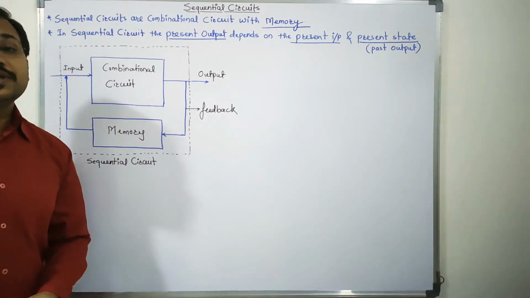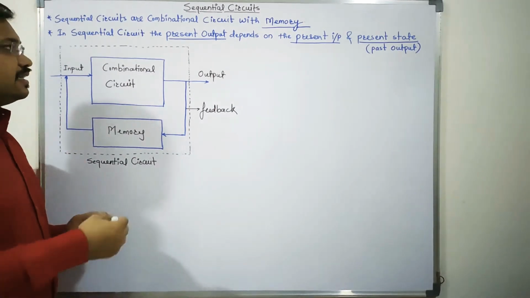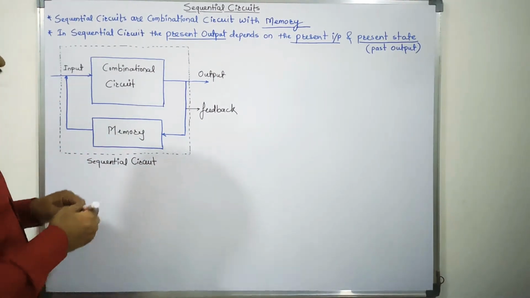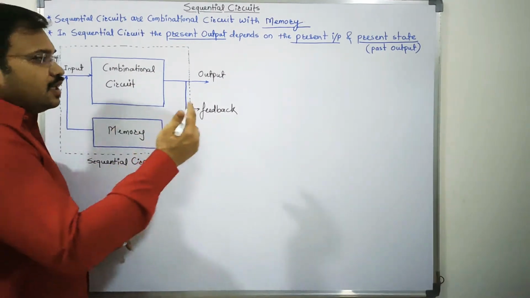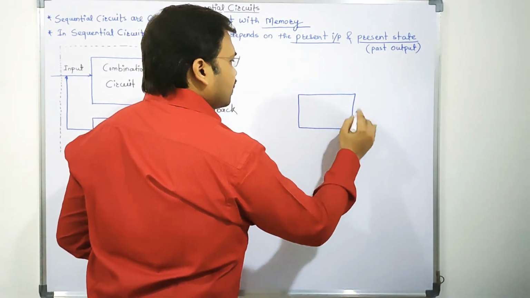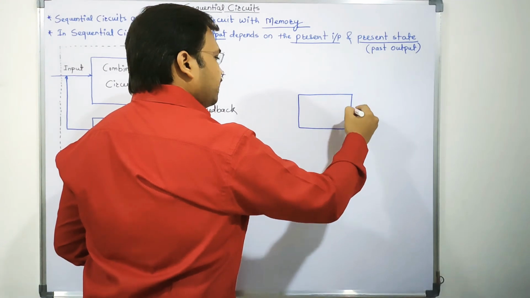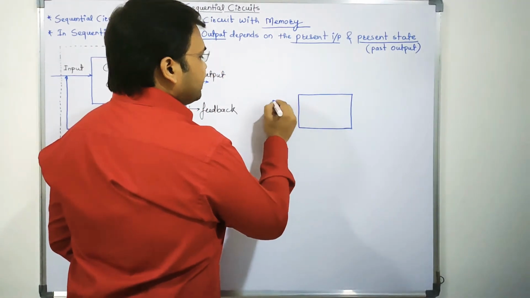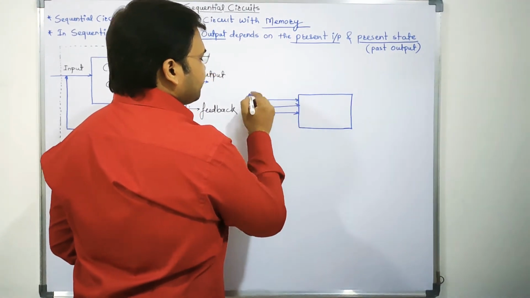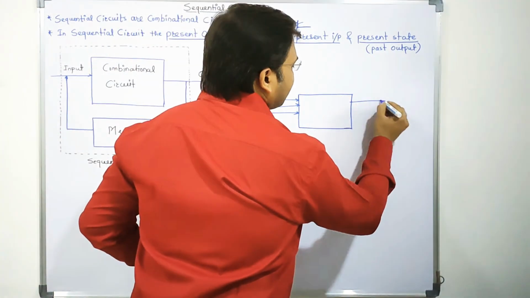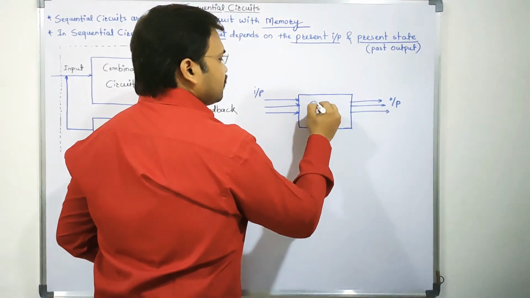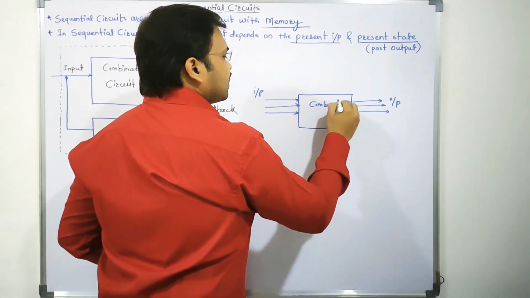Now, if you discuss this block diagram, I just draw it roughly here: the combinational circuit has inputs, and here we have the output. So this is your output, and this is the combinational circuit.